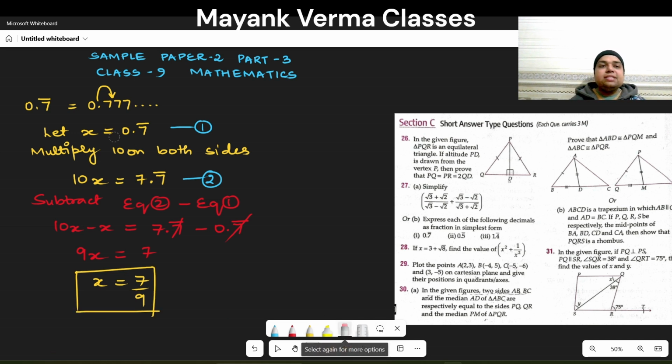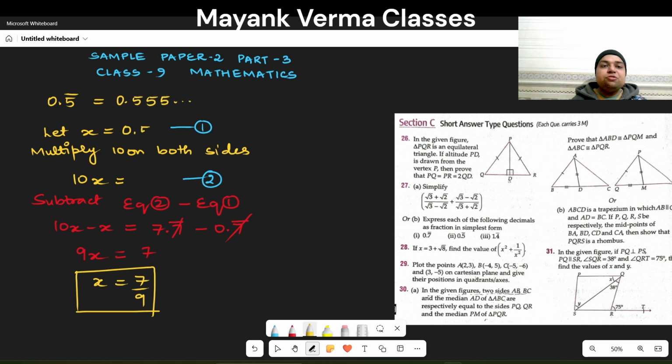Okay. Now let's see the second question. Same thing we will apply. Nothing will be changed here. I will just replace it with another value, that in this case 0.5 bar is given, which is 0.555 and so on.